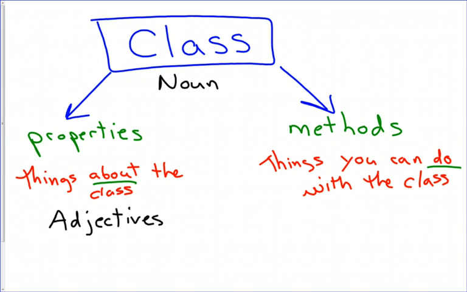Now, let's see if you guys can redeem yourselves. Things a cat can do include running and jumping and scratching. What are those things described as in language arts? Verbs, right. So this is a couple different ways you can think about classes. Let's throw the example up there. A cat is a noun. A cat is a class.